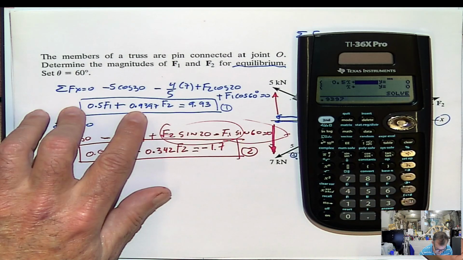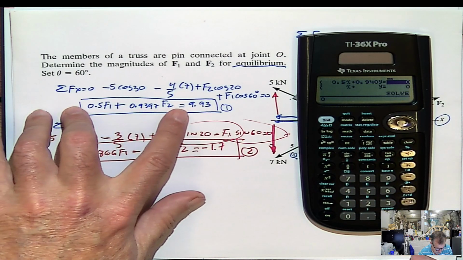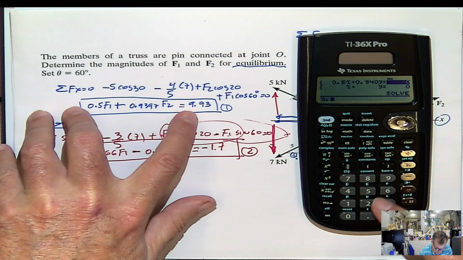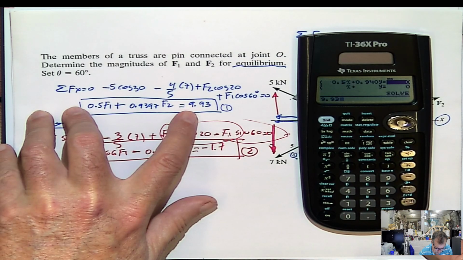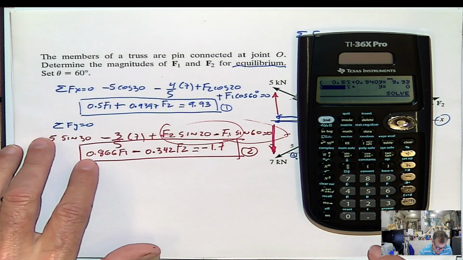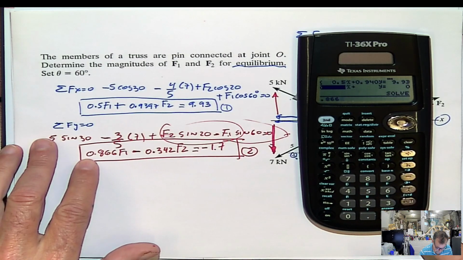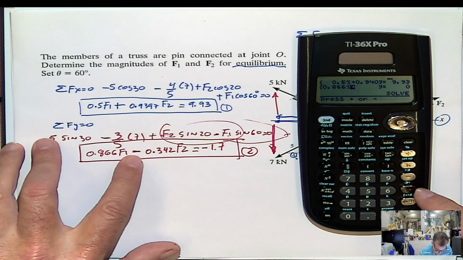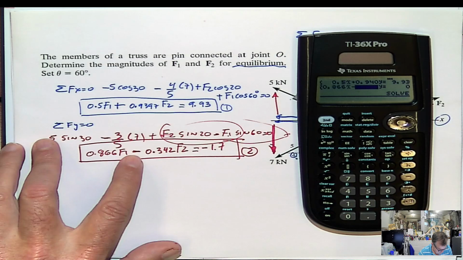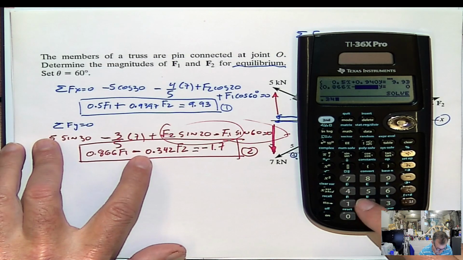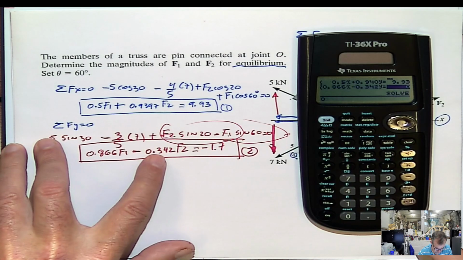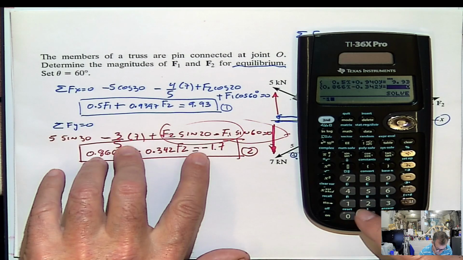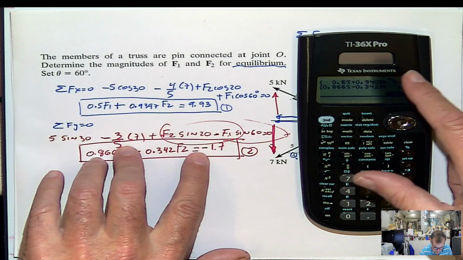And the independent term on the other side is 9.93. Then we go to the next one: 0.866, minus 0.342, equals negative 1.7. And this is the system.